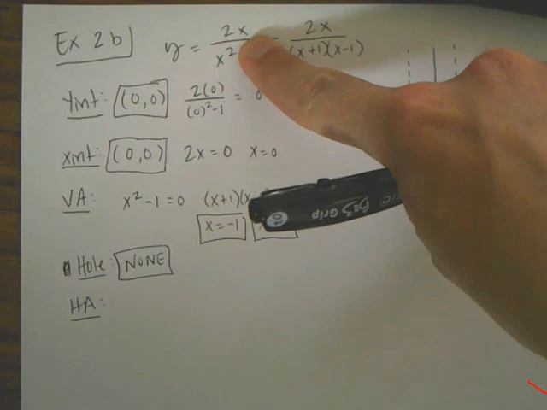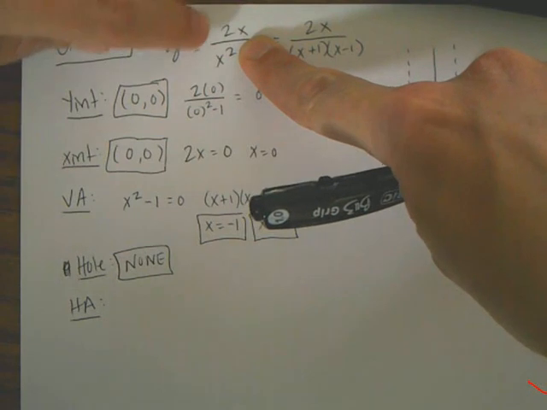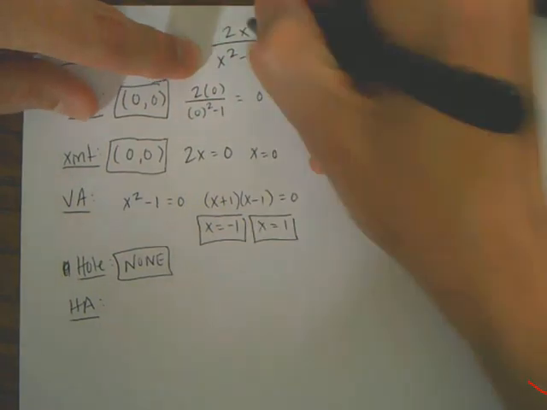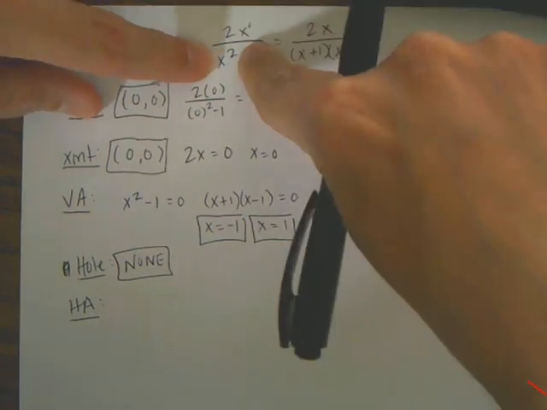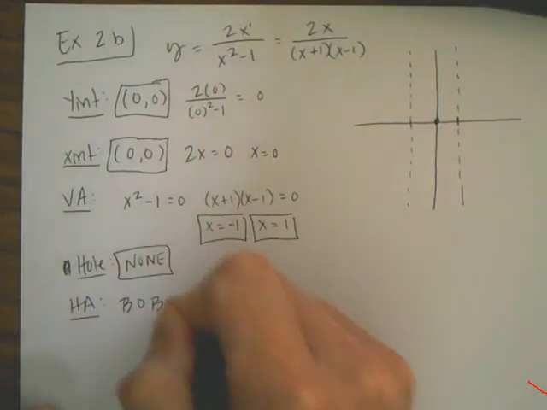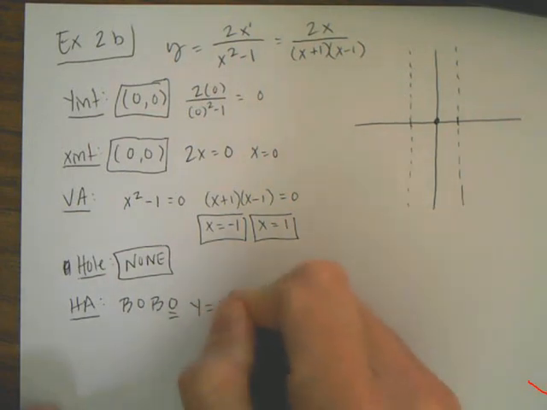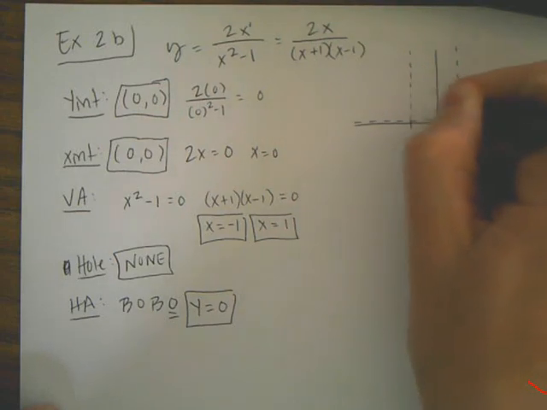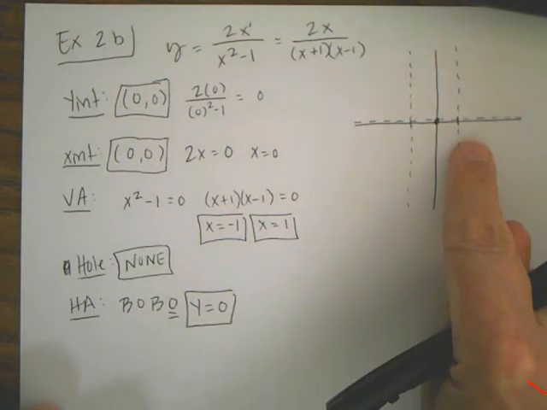Are the exponents bigger on top or bigger on bottom, or are the exponents the same? The exponent on top is 1. The exponent on bottom is 2. It is bigger on bottom, Bobo, which means y equals 0. We have a horizontal asymptote at y equals 0. Do your best to draw a dotted line on the x-axis.